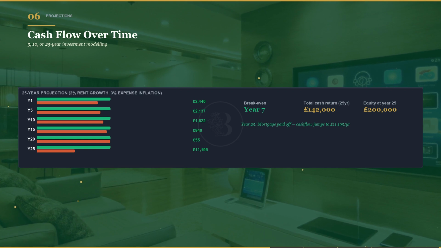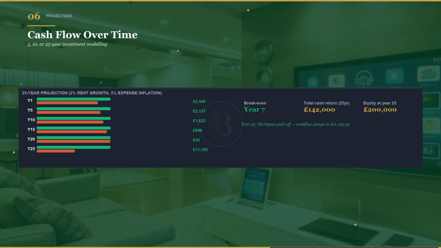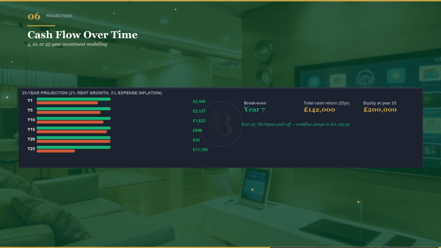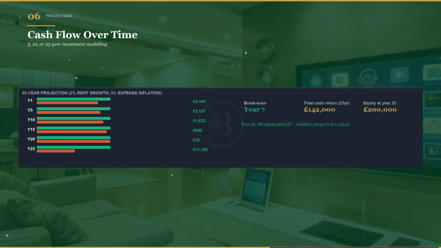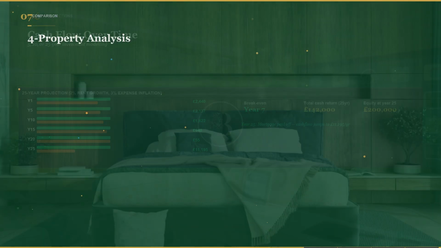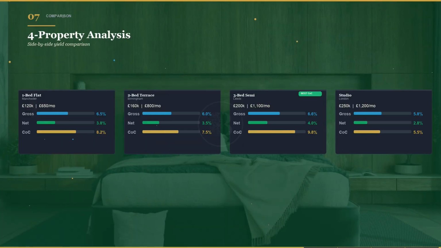The cumulative area chart shows when your total cash returns exceed your initial investment, the break-even year. For repayment mortgages, the engine tracks equity build-up as the loan reduces. After 25 years, you own the property outright and your cash flow increases dramatically. This is how you model the full life cycle of a buy-to-let investment.